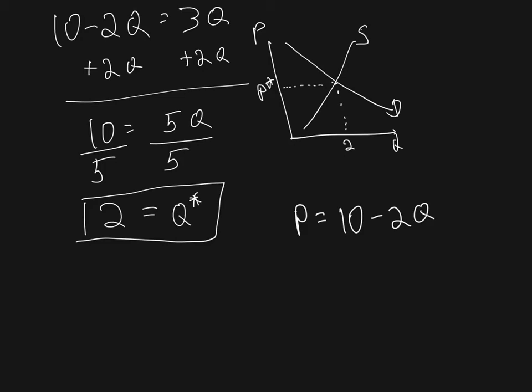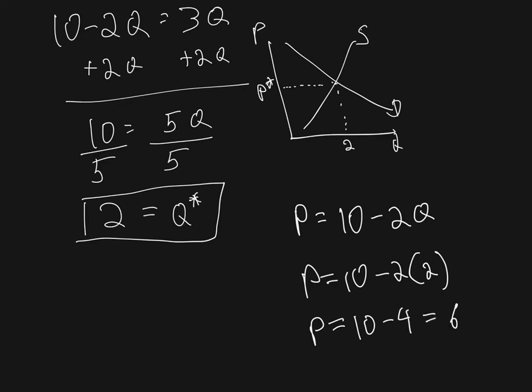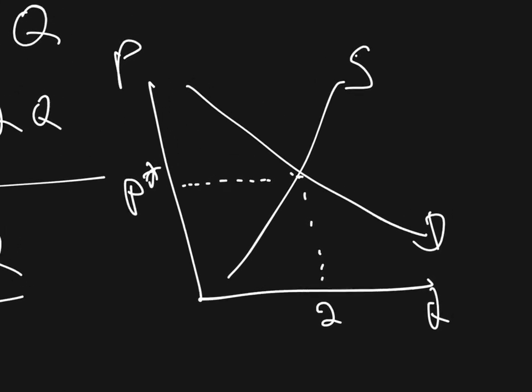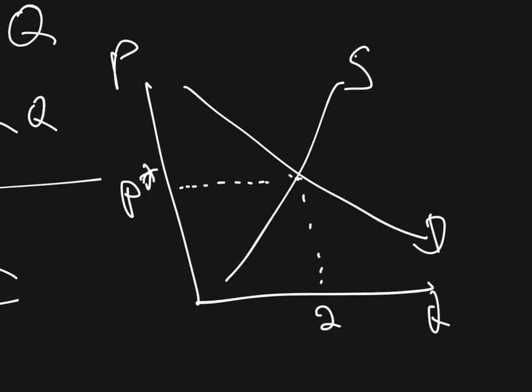Now we plug in 2 for Q, so you get P is equal to 10 minus 2 times 2, which gives you 10 minus 4, which is equal to 6. Therefore, the equilibrium price is equal to 6. Done. Now we can zoom in over here and see that P is equal to 6. So this point of (2, 6) is the equilibrium.